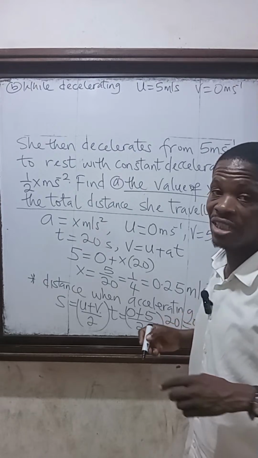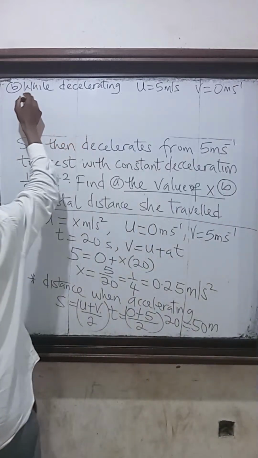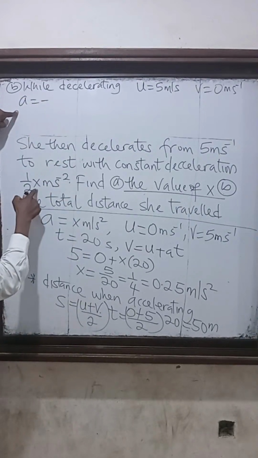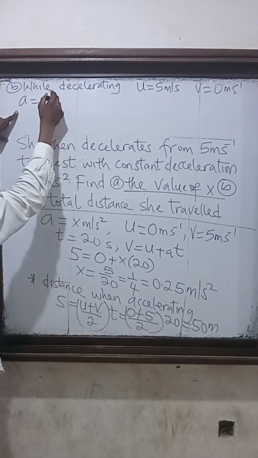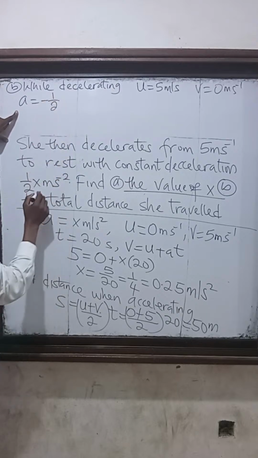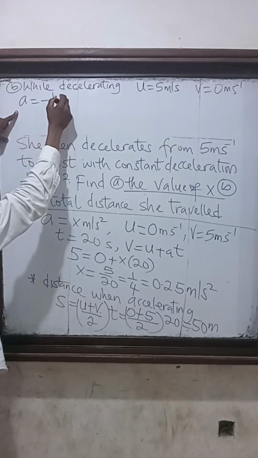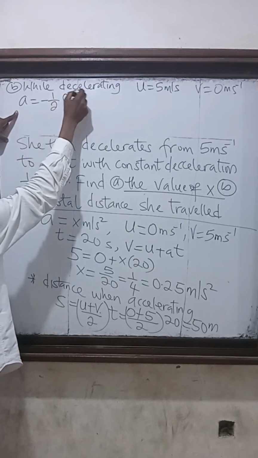With constant deceleration, acceleration is what? That will be minus the constant deceleration of half x meter per second square. That's half times the x. We have the value now, which is 0.25 times 0.25.